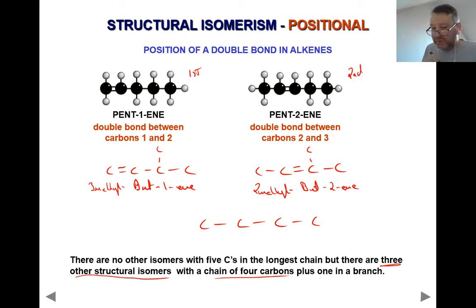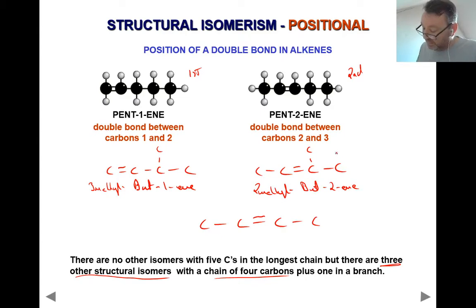Well, let's try the following. If I have 4 in this chain here, 1, 2, 3 and 4, and I take the double bond and I put it again there. Let's see, 4 carbons, double bond here. What else could I get?